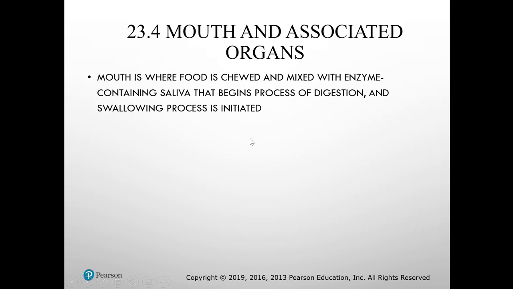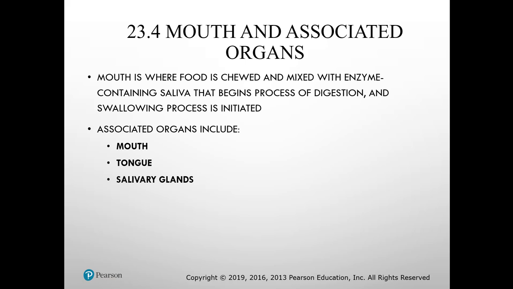When food gets to be mixed with the saliva, you do not anymore call that food. You call it bolus. And bolus now is going to be swallowed. The associated organs in the mouth would include the tongue, your salivary glands, your teeth.